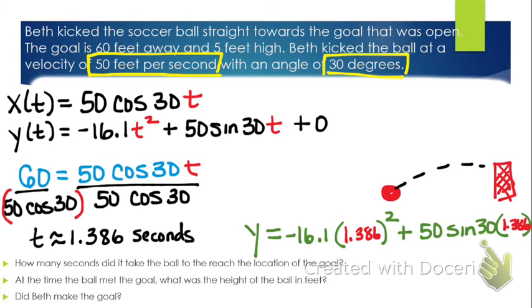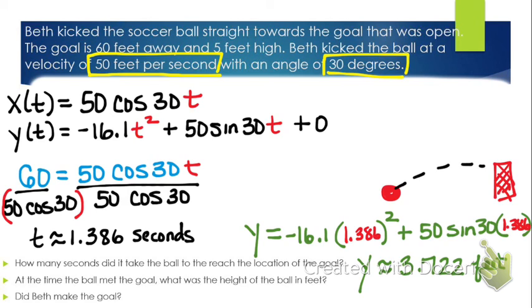So type that in your calculator to see what you get for your vertical height. You should get 3.722 feet.